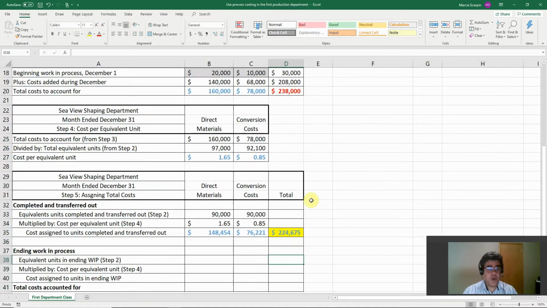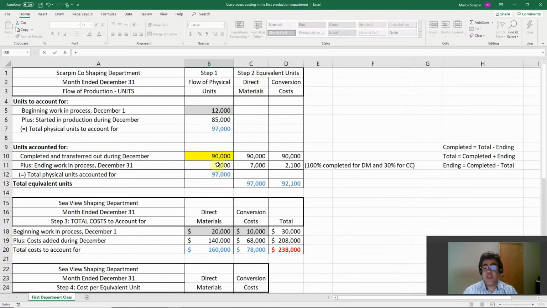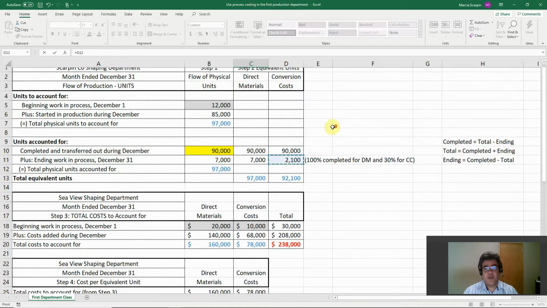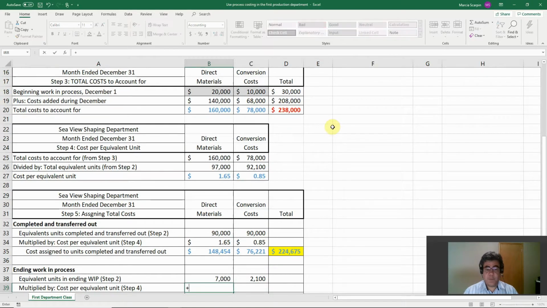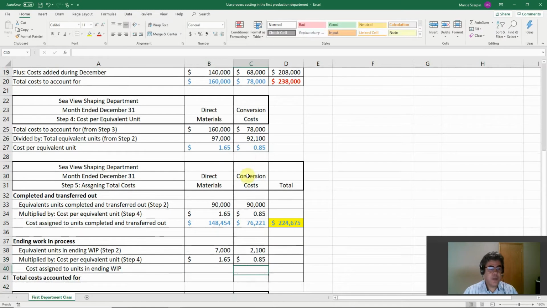What about work in process? Equivalent units in ending work in process. Don't grab this number here. It will be wrong. Okay? 7 for direct materials, 2100 for conversion cost. Multiply by cost per equivalent unit, the same cost here, 1.65 and 85. Cost assigned to units, 7,000 times 1.65, 2,100 times 85.